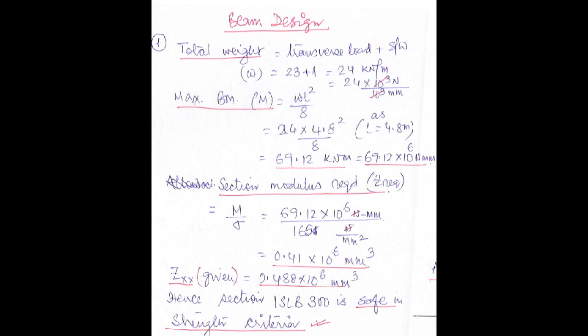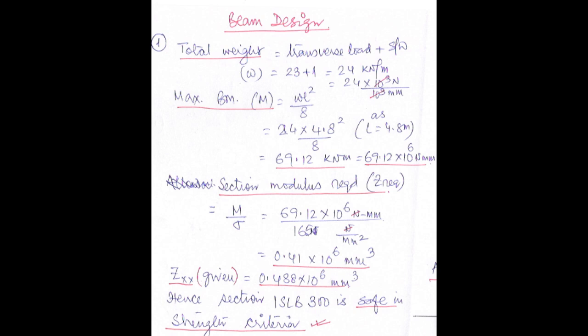Now what was the question? In the question they have given some section, use this section for this loading and find out whether it is safe or not. Now Zxx is given in the question. Please note down the value of it. What was given for that section? 0.488 into 10 to the power 6 millimeter cube.